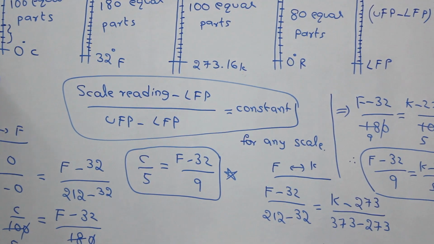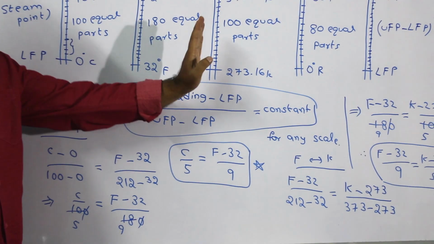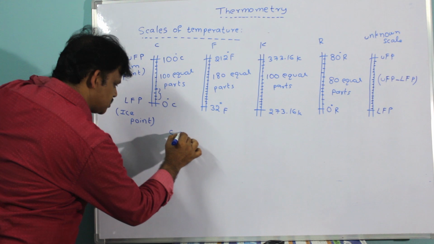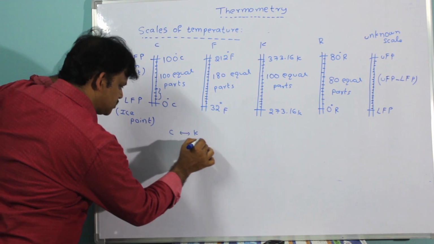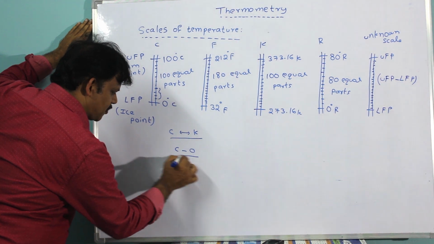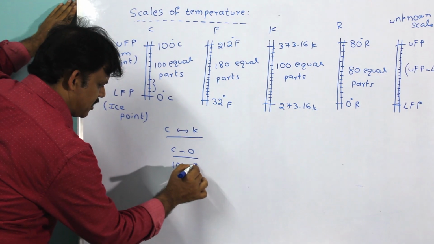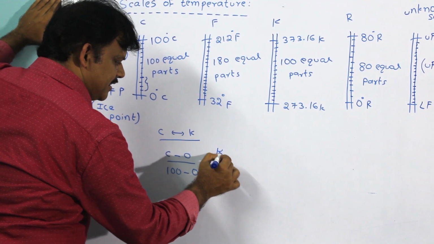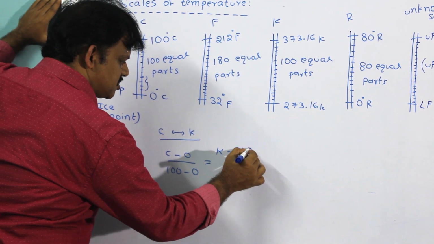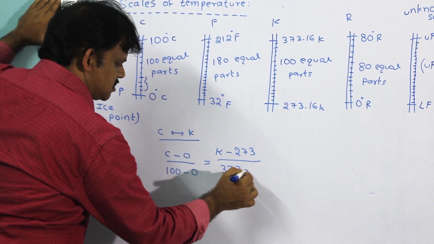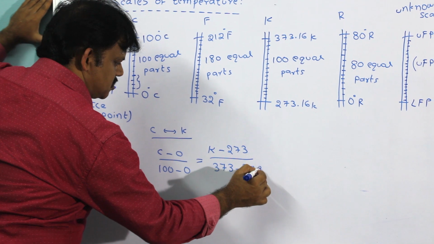Similarly, I will derive the relation between Celsius and Kelvin. The Celsius scale reading is C minus lower fixed point 0, by upper fixed point minus lower fixed point, 100 minus 0, is equal to, in the Kelvin scale, reading K minus lower fixed point 273, upper fixed point 373 minus lower fixed point 273.